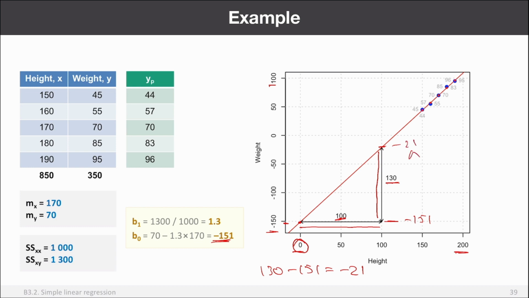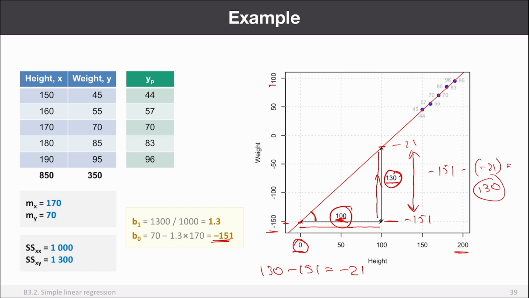So the difference between minus 151 and minus 21 is exactly 130. In this case, I have a negative because I swapped the points, right? And this is 100, and then you can see if you take a ratio of 130 and 100, the slope of this angle will be exactly 1.3. So indeed, the model looks like we expected to see, right?